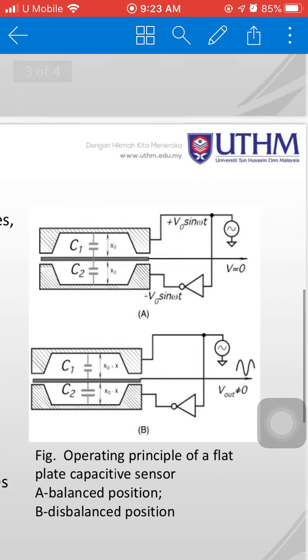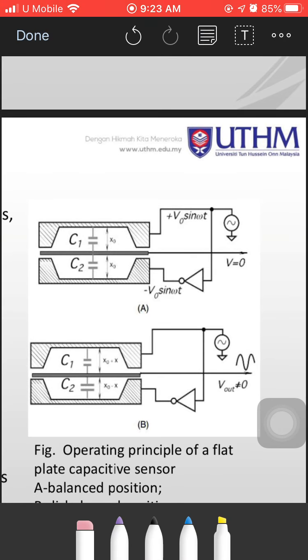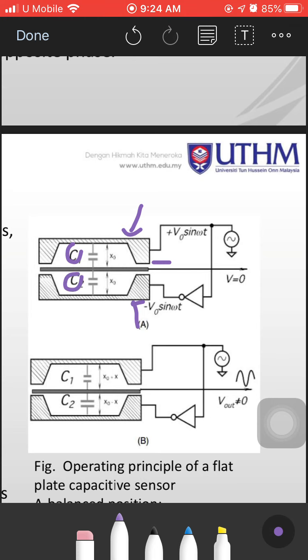How does the capacitive sensor work? If we look at this figure, there are three plates, 1, 2 and 3. From the three plates we can make two capacitors, C1 and C2.